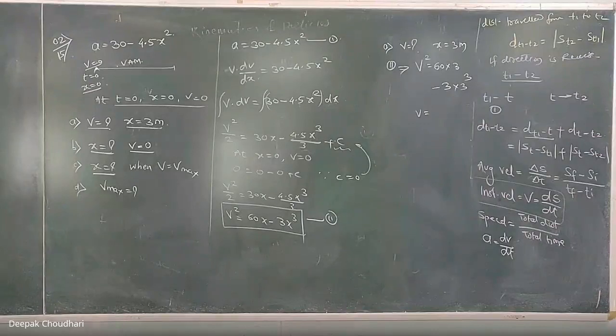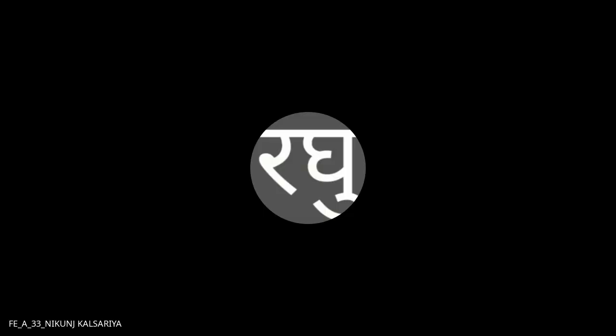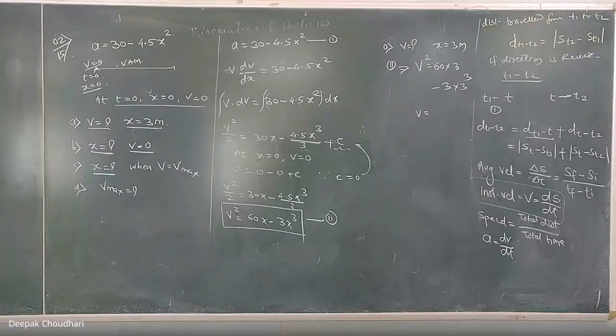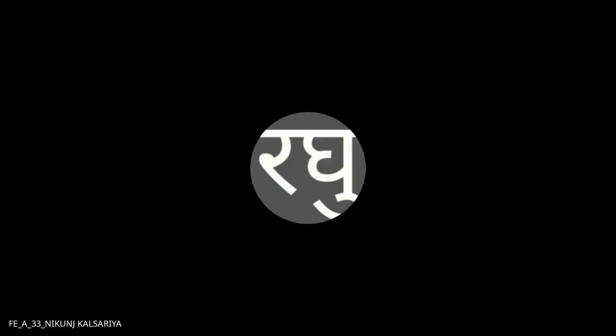Practice using the calculator also. So it is 60 multiplied by 3 minus 9.95. How much? 9.95 meter per second.